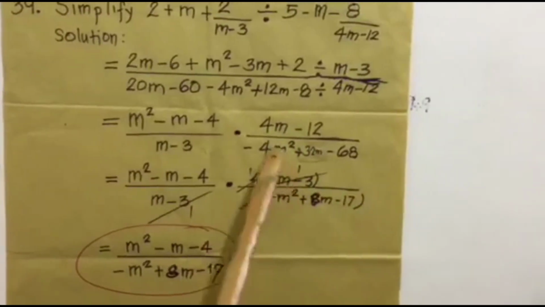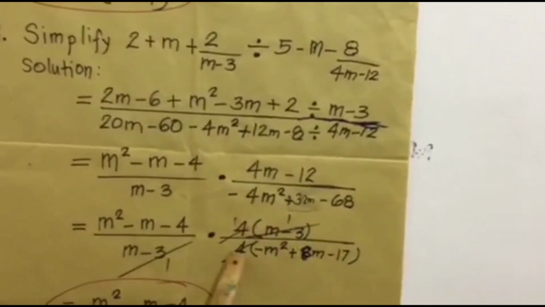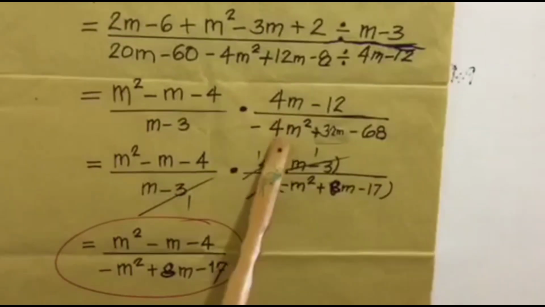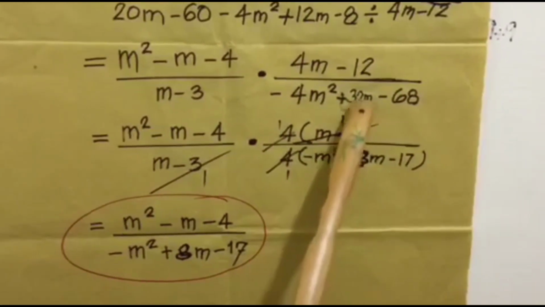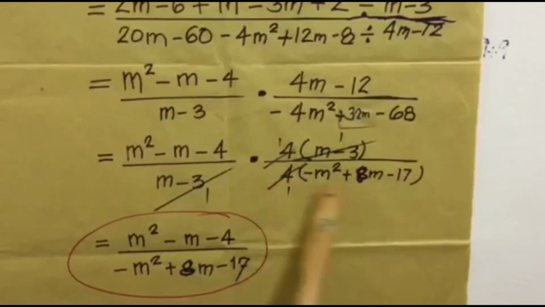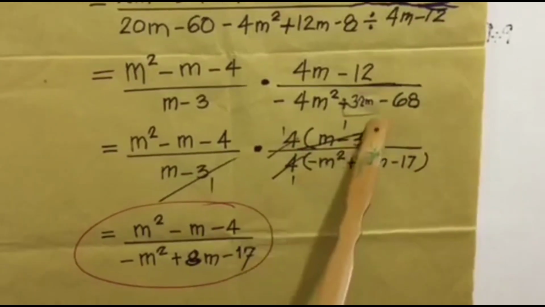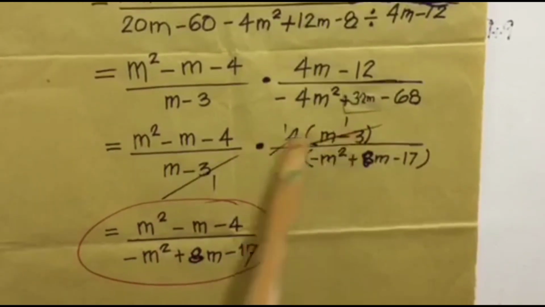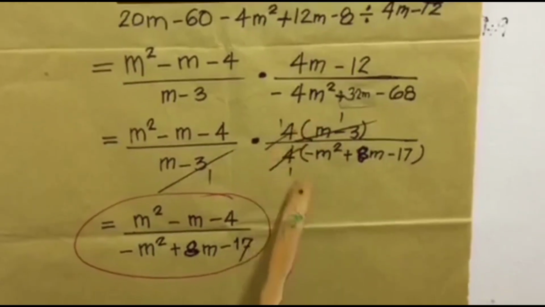And over this one we're going to factor. The common factor is 4, then we divide: negative 4m squared divided by 4 equals negative m squared, then 32m divided by 4 equals 8m, and negative 68 divided by 4 is negative 17. Afterwards, we're going to cancel the same numerators and denominators, and put 1, then write 1 here also.